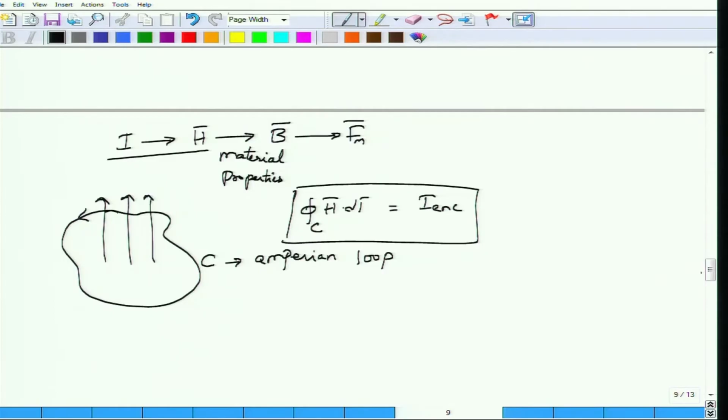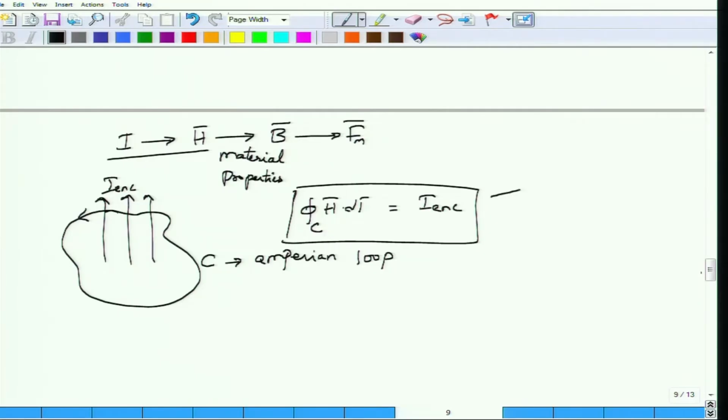So, I enclosed is the total current enclosed by this curve, and the path should be taken in a direction such that there is this nice right hand rule. The path should curve along itself such that the thumb points in the direction of the current that is enclosed. If you do that, the amount of current enclosed by the path will be related to the line integral of H.